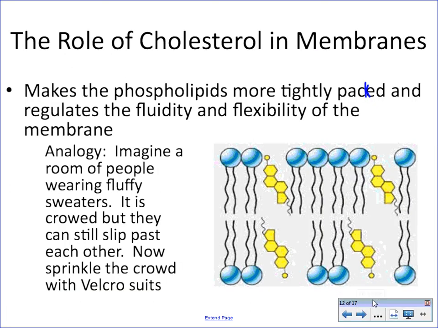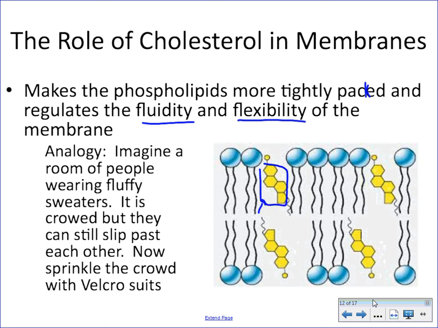So what does cholesterol do in the cell membrane? It'll make the phospholipids more tightly packed and can regulate the fluidity and flexibility of the membrane. So in the following diagram, we can find cholesterol here embedded in the membrane.